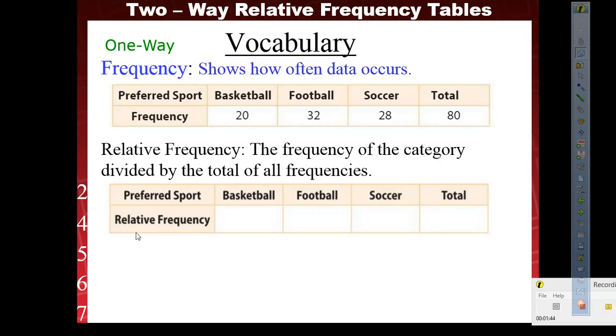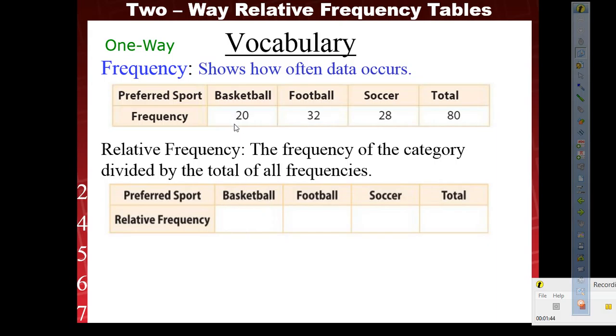All right. So what does that mean? What is, bless you, a relative frequency? So relative frequency means the frequency of the category. How many categories do I have here? 3. So the frequency of a category divided by the total of all the frequencies. So let me look at the frequency of the category of basketball. The frequency was 20.